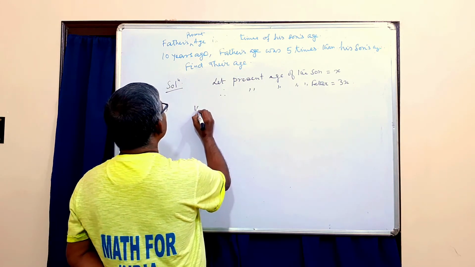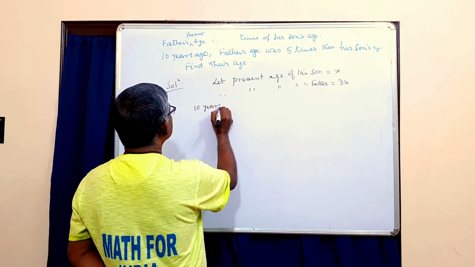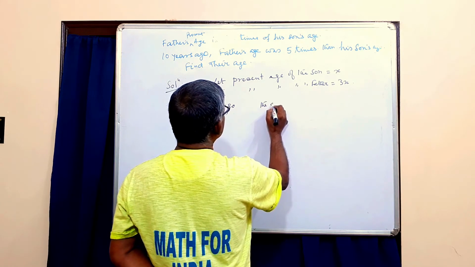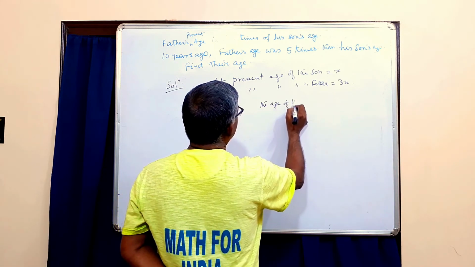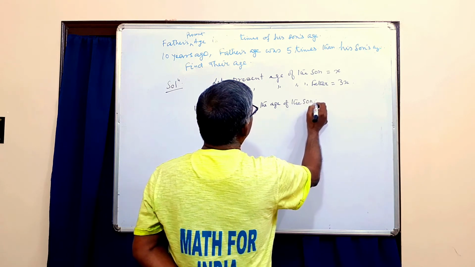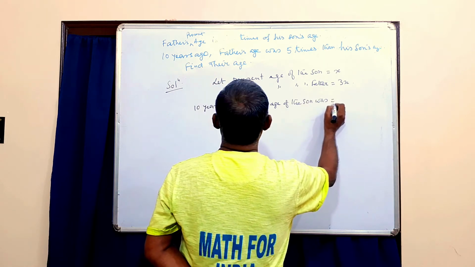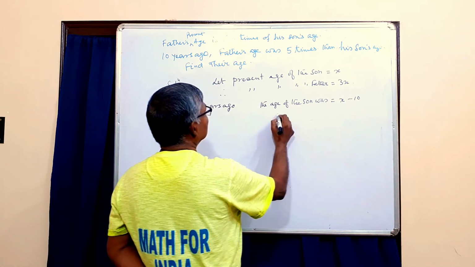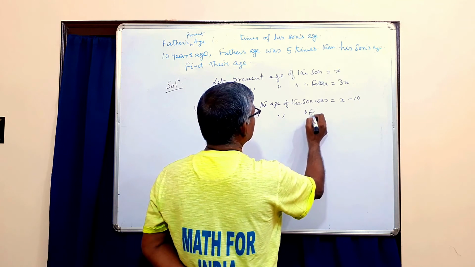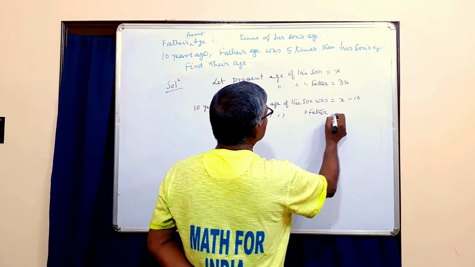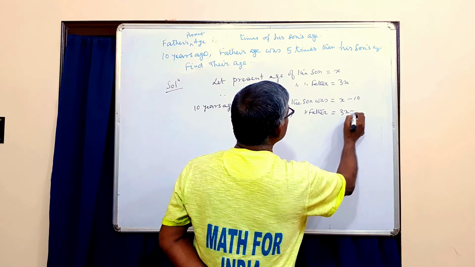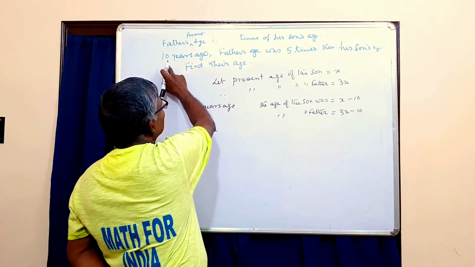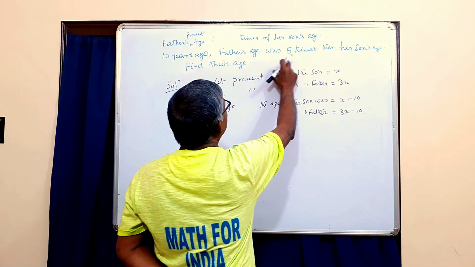Now 10 years ago the age of the son was x minus 10 and the age of the father equals 3x minus 10. Here given 10 years ago father's age was 5 times.